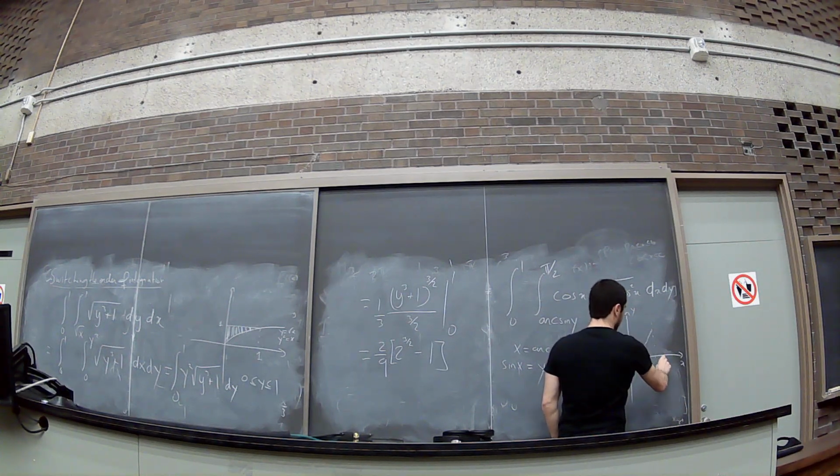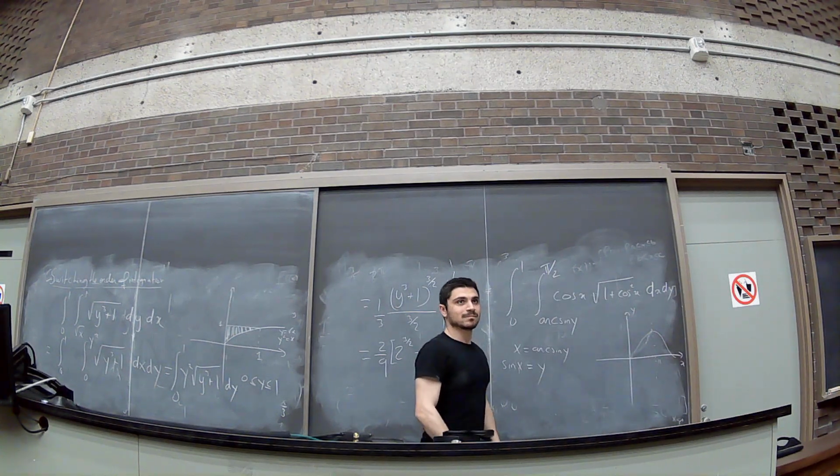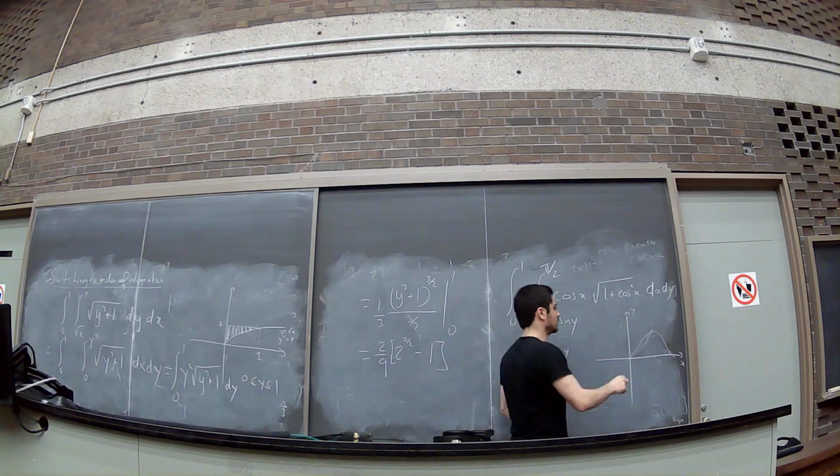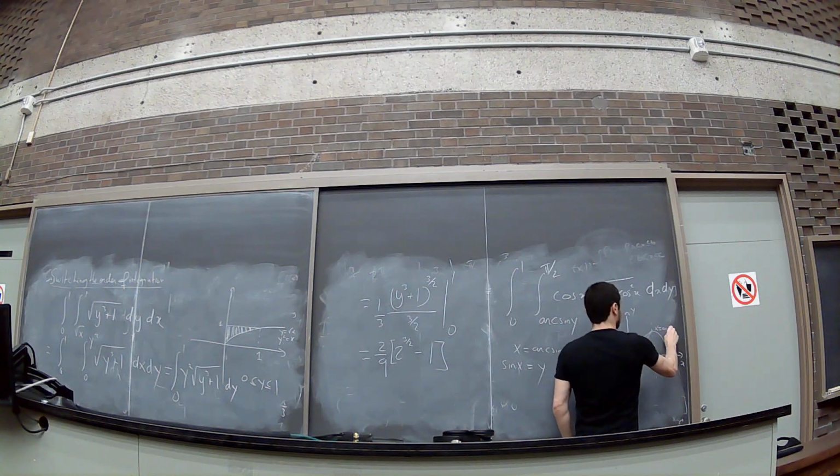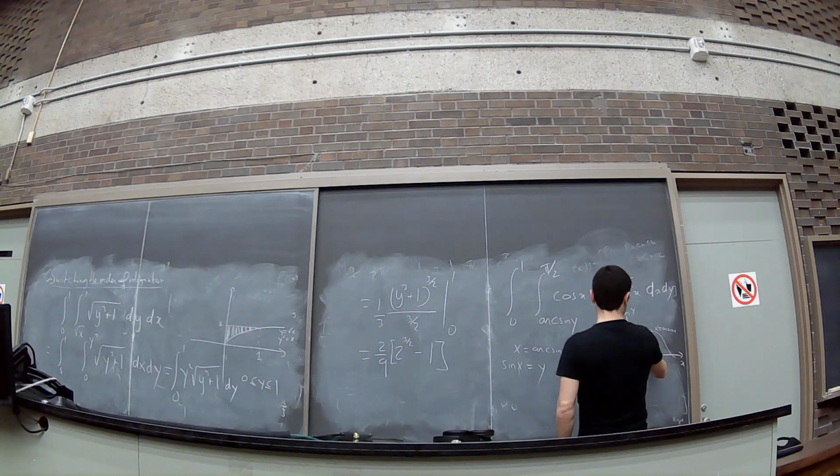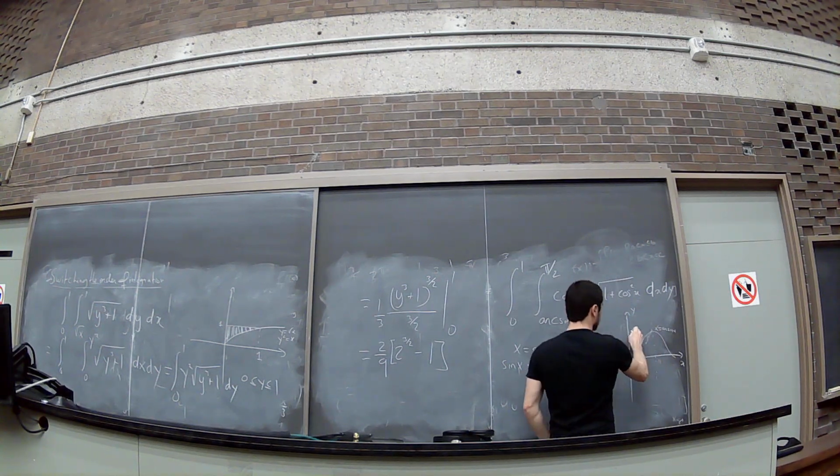This is the line x equals arc sine y, and y is between 0 and 1. And x is between arc sine y and pi over 2.